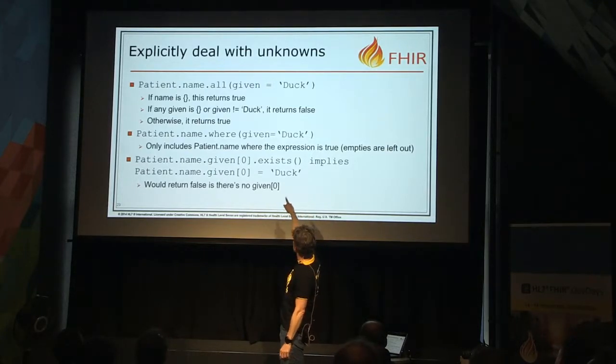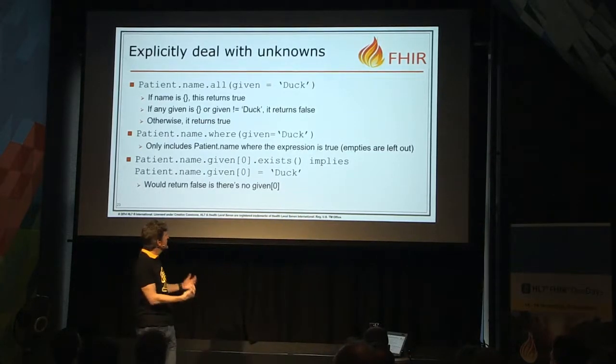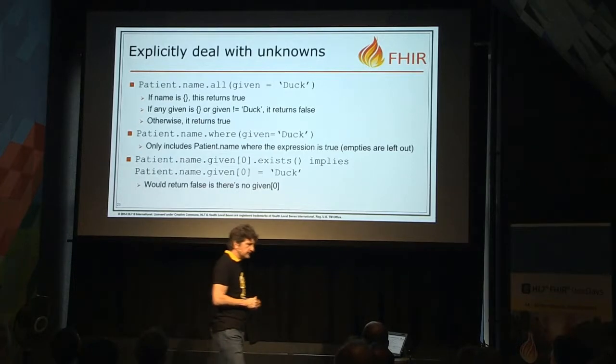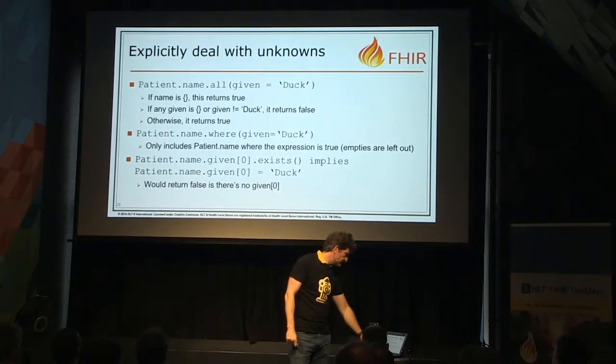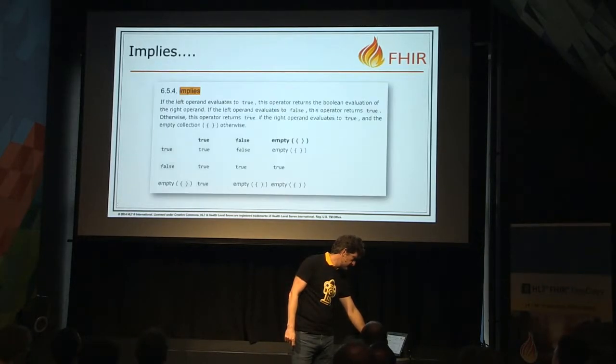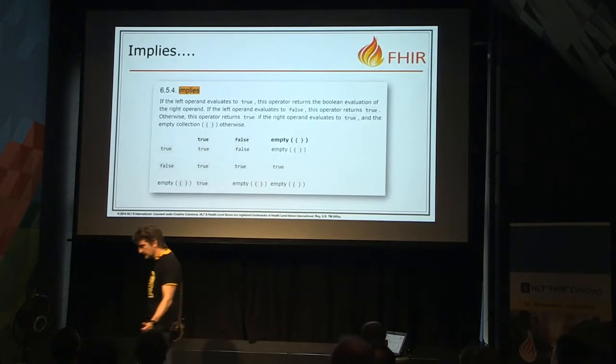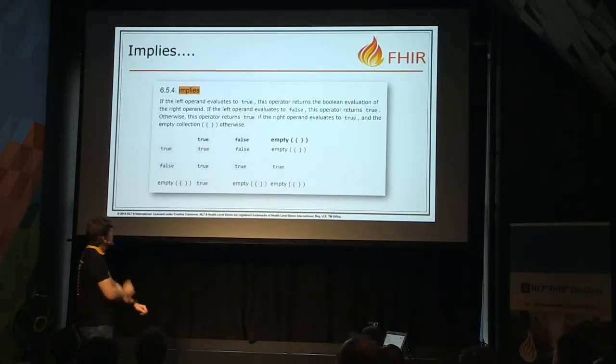So if given[0] exists, that means it's doc. If it doesn't exist, then it's false already. You don't have to go on. So this way, we can turn these empties into actual true-false statements. So the implies function is really important when you start dealing with empty data.